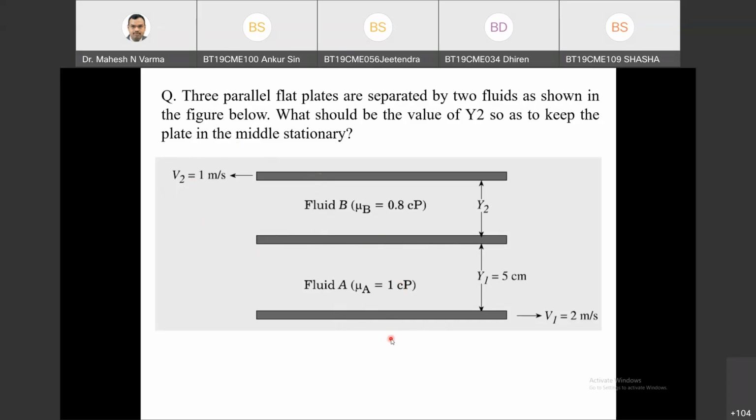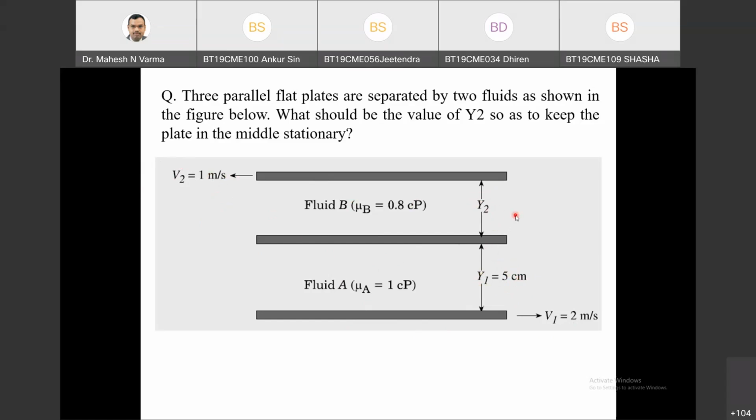Apply Newton's law of viscosity in each region: mu A dv by dy1 equals mu B dv by dy2. The velocities are given, so this gives you dv, and dy is y2. Similarly, y1 is given as 5 centimeters, so you can get the value of y2.